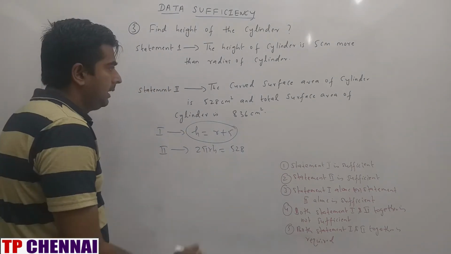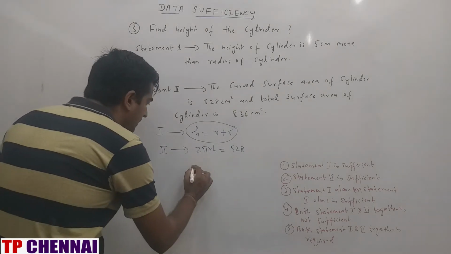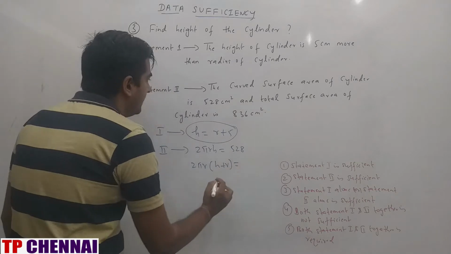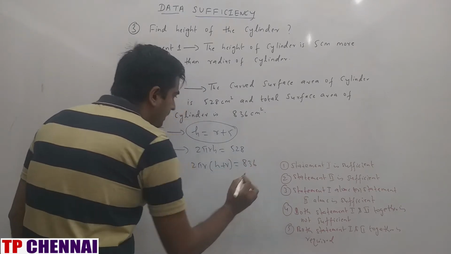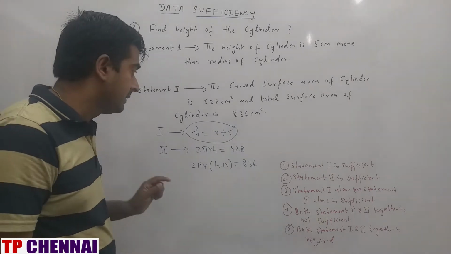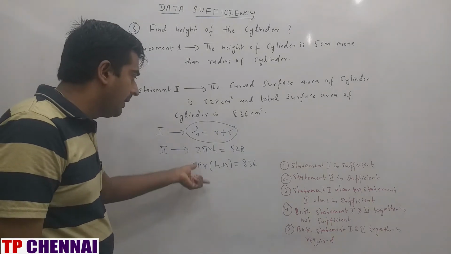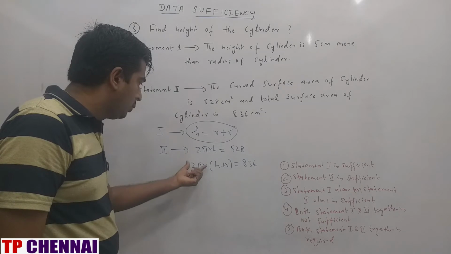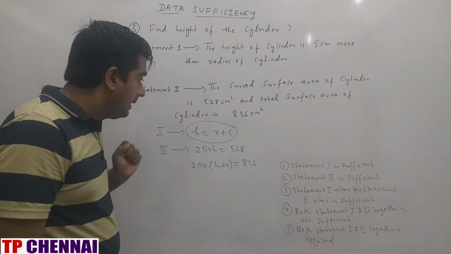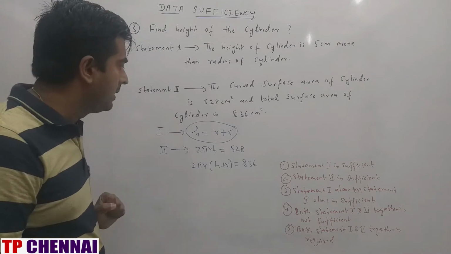Then the total surface area of a cylinder is 2 pi r into (h plus r), and that is 836. Can you get the answer from the second statement alone? Yes, you can, because if you divide this equation, 2 pi r will be cancelled. And you can even get the answer without dividing.